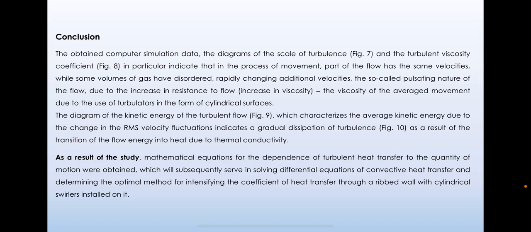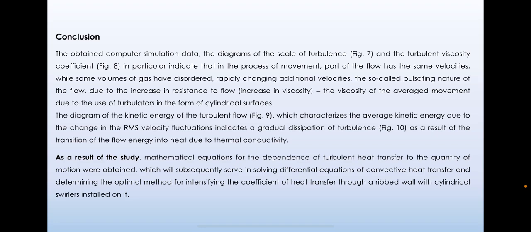The so-called pulsation nature of the flow is due to the increase in relation to flow, the velocity of the averaged movement due to the use of turbulators in the form of cylindrical surfaces.